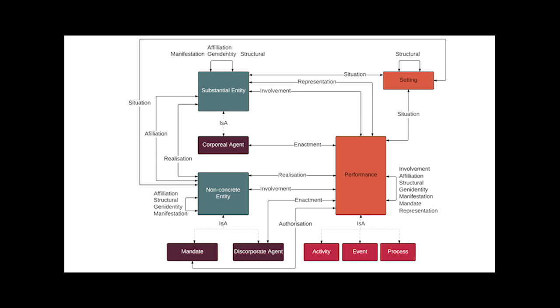But I built that using this. So I've said the substantial entities are database records. Performances are things like create, edit, delete, upload. There are agents that can do stuff. So it can actually be self-hosting.